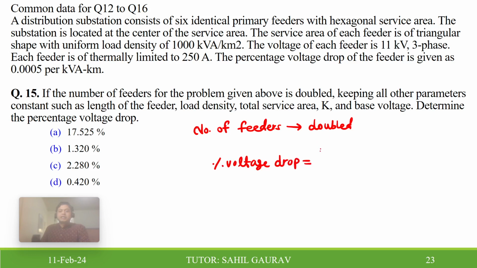The previous voltage drop is 4.56% divided by 2, so it is coming as 2.278%, approximately 2.28%. So C is the correct answer. Because if you double the number of feeders, then the load under a feeder will be reduced by half, and therefore the percentage voltage drop will also reduce by half.